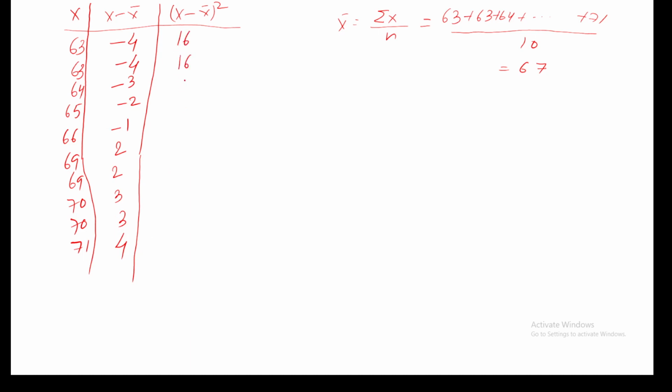Squares: 16, 16, 9, 4, 1, 4, 4, 9, 9, 16. So now we can calculate sigma of x minus x bar whole square.